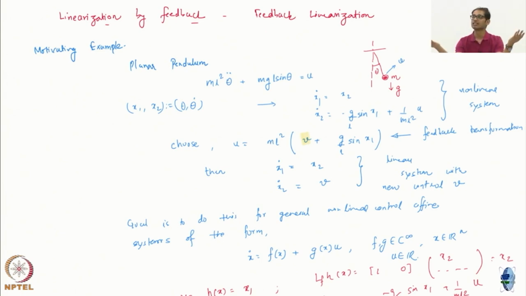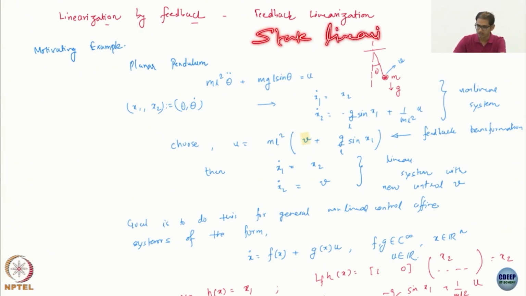It's not just application of a feedback, okay. Remember that whenever we talk about feedback linearization, although the topic is called feedback linearization, actually we are also doing state linearization, which means you are choosing appropriate state transformation. These transformations are nonlinear transformations, okay, not easy linear transformations, okay.